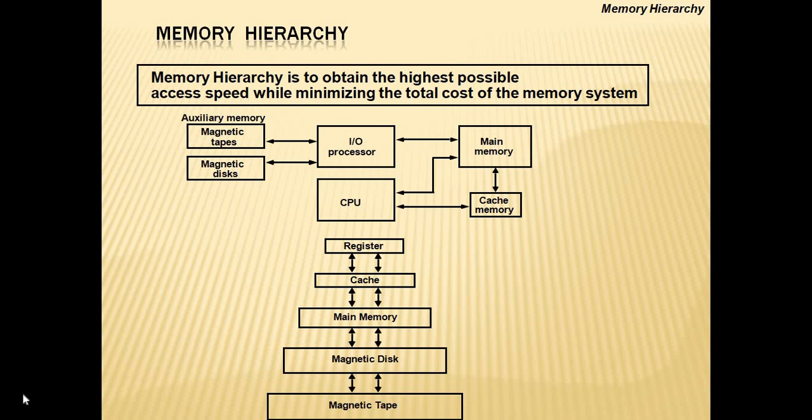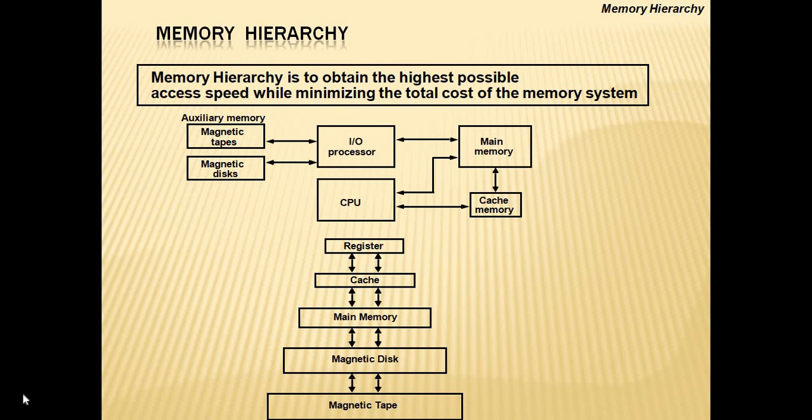The cache is used for storing segments of programs currently being executed in the CPU and temporary data that is frequently needed in the present calculations. By making program and data available at a rapid rate, it is possible to increase the performance rate of the computer system.